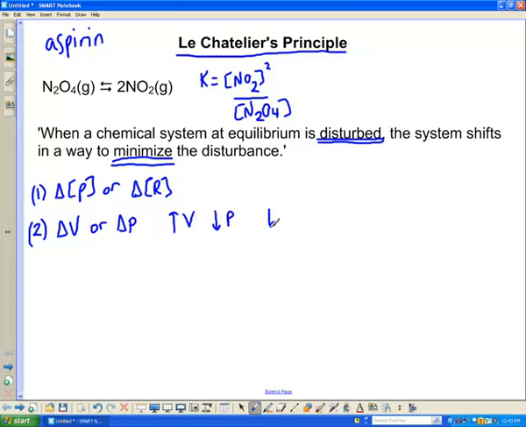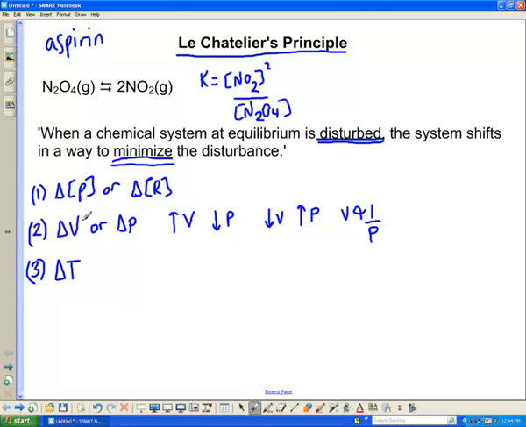Just as if you decrease the volume, its pressure will go up. So these two are inversely proportional. Whatever you do to one thing, the opposite's going to happen to the other. We're going to get into the details of each of these in just a minute. And the last one is simply changing temperature, like we talked about up above.